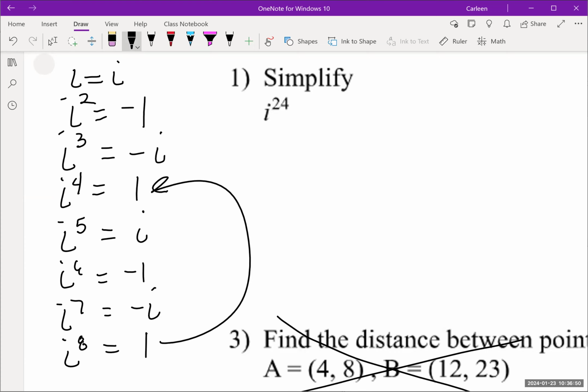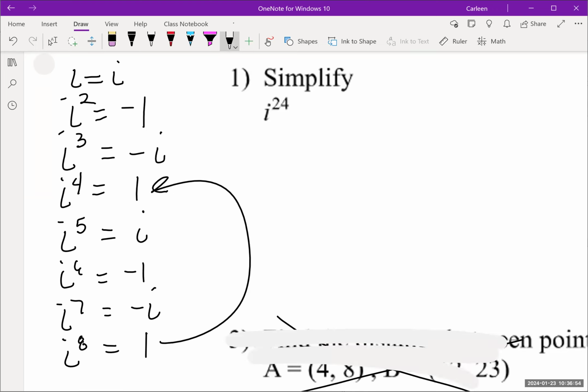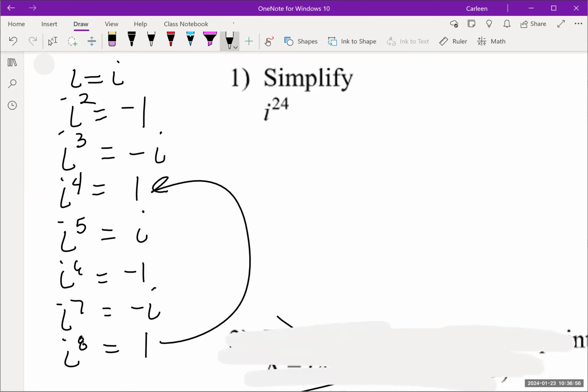So if we were to continue this, we would notice that if i has an exponent that is a power of 4, that's going to equal 1. Okay, so we want to look for the closest power of 4.